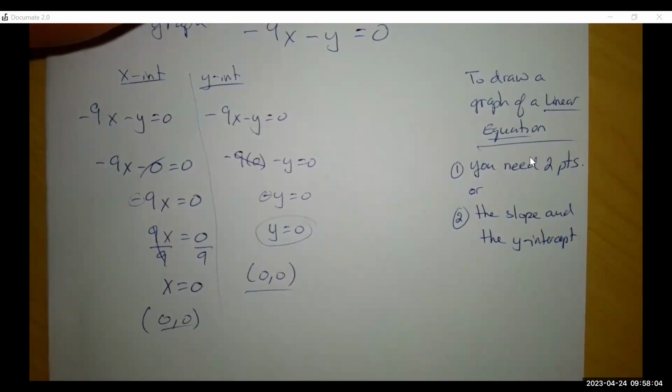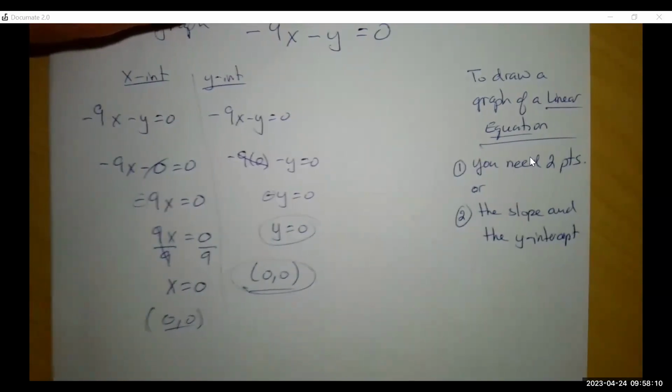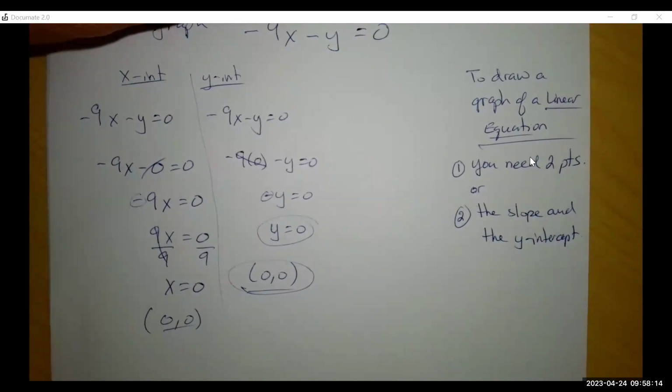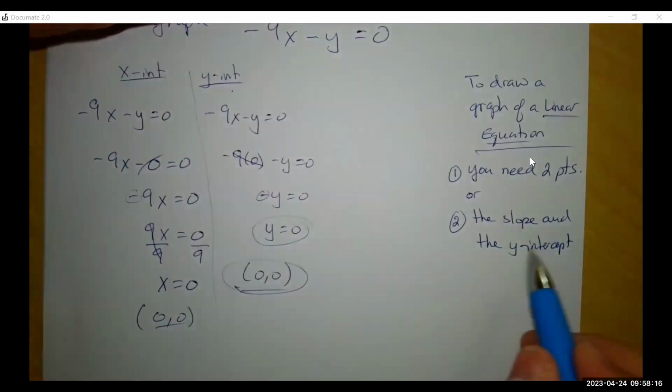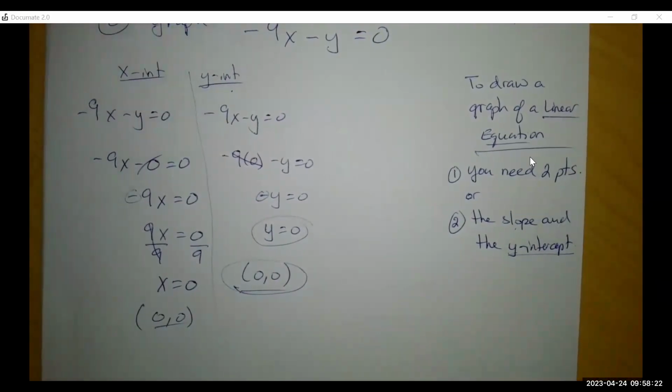Nope, we don't have those. So the easiest one, we have 1 point. The y-intercept, we can use that point. We don't know the slope. Or we don't know a second point. So what do you want to do?